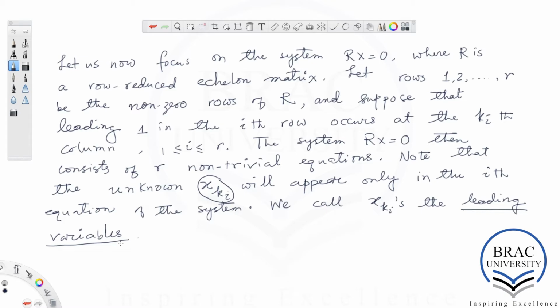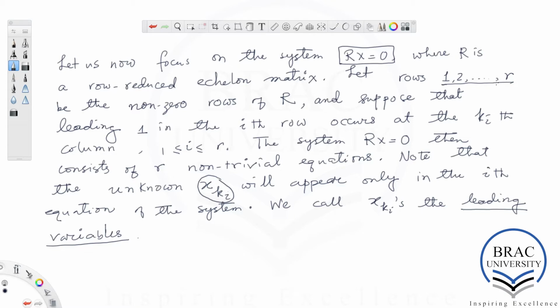So how many leading variables are there in this system Rx is equal to 0? You can immediately see that there are only r leading variables, or r leading unknowns, in the system Rx is equal to 0. Okay, and they are all happening in these rows.